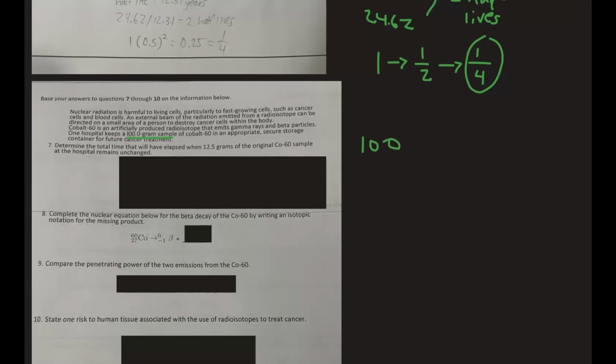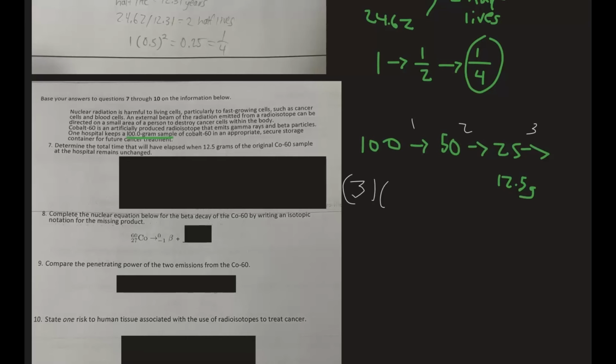And it wants us to know the total amount of time that will elapse when it reaches 12.5 grams. Okay, so 100 will decay to 1/2 of 100 is 50, so that's 1 half-life, and then it decays to 25, that's 2 half-lives, and then it finally decays to 12.5. So how many half-lives is that? Let's count. So this is 1, 2, 3 half-lives. Okay, so you have 3 half-lives, right?